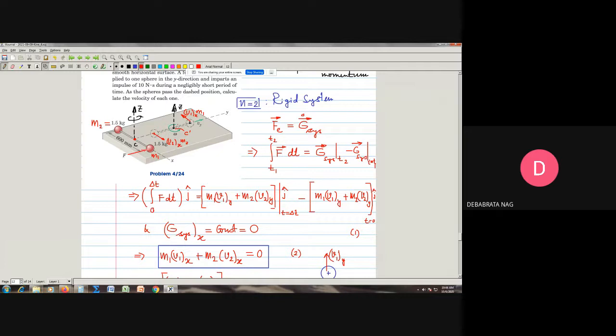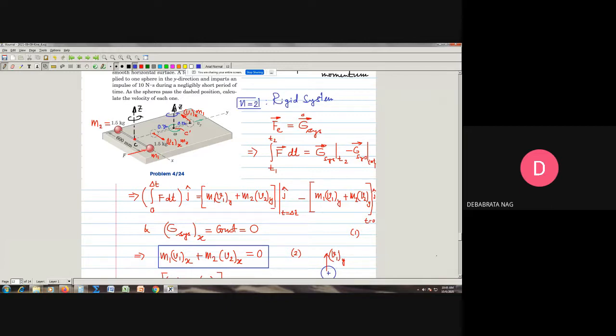If we take their moment about this point, this distance is taken as 0.3 meter, and this distance is also 0.3 meter. So we multiply them to get the angular momentum about the z-axis, in its positive direction. And here we also note that this force is producing a positive, counterclockwise angular impulse.